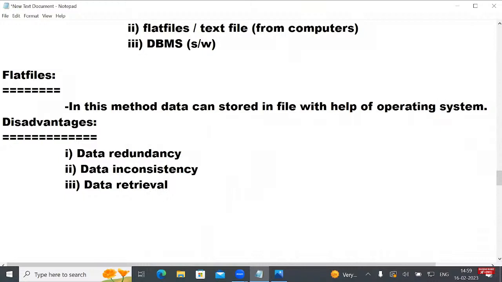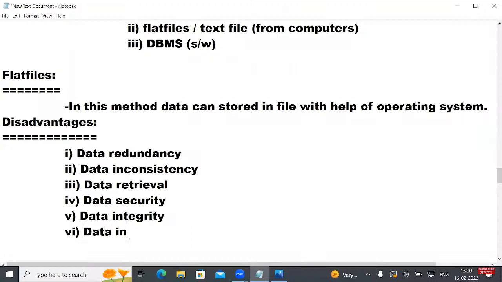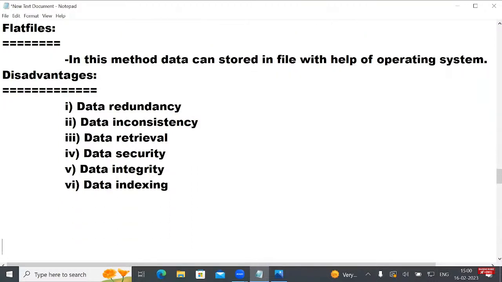The next one is the data security problem. The next problem is data integrity. And the next one is data indexing.